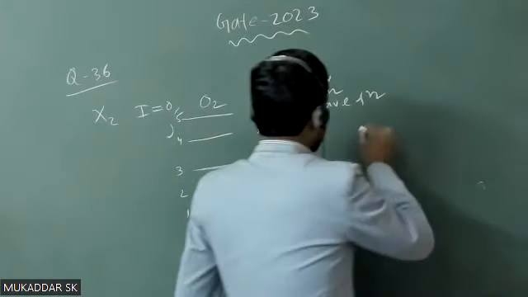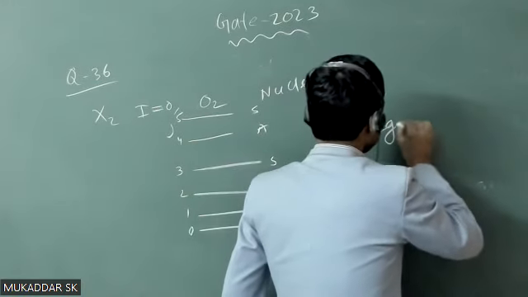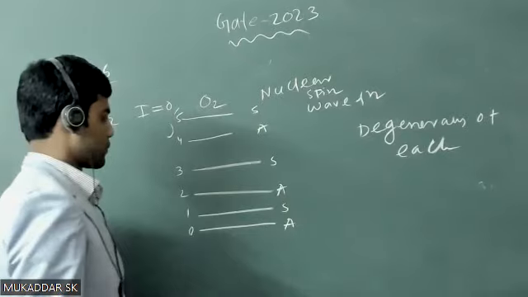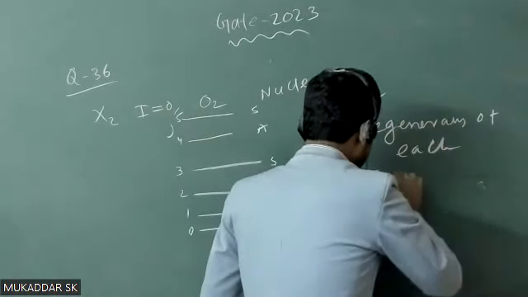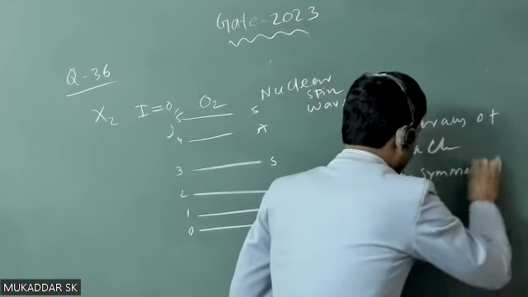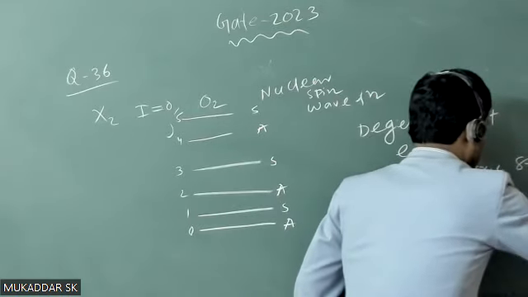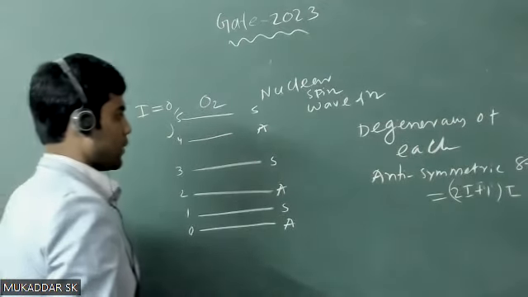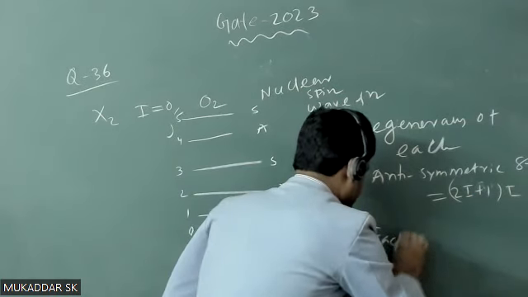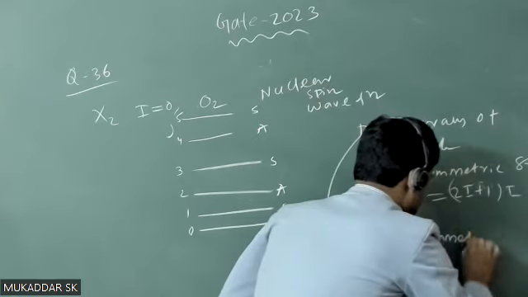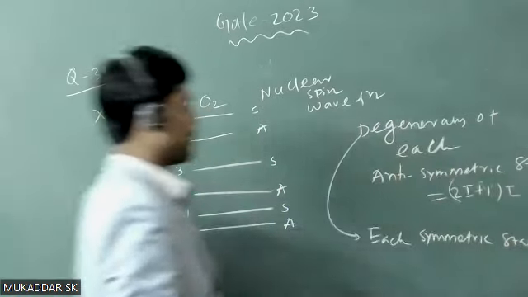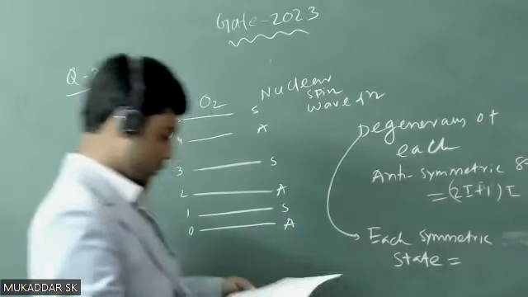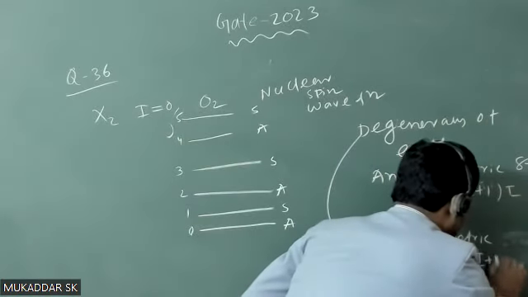And the degeneracy of each antisymmetric nuclear state will be (2I+1)·I, and the degeneracy of each symmetric nuclear state will be (2I+1)·(I+1).